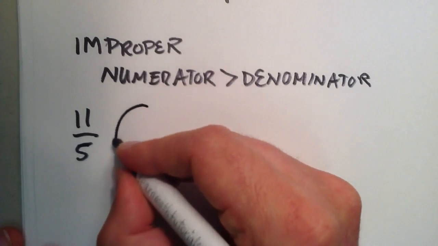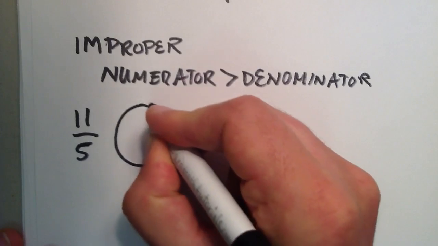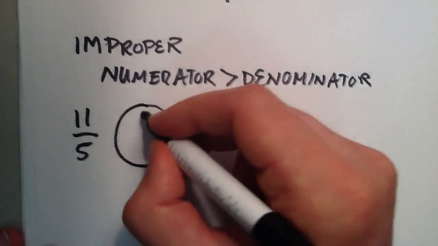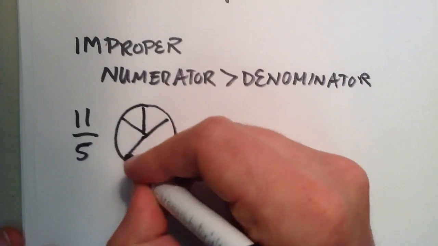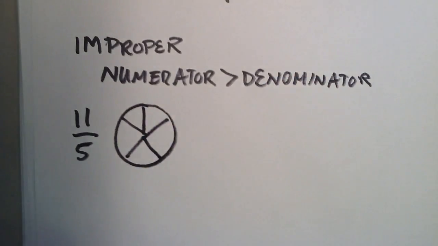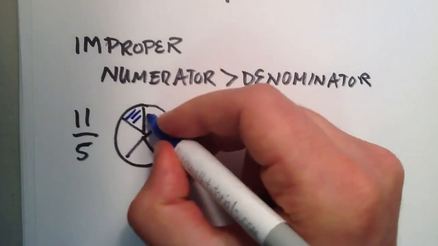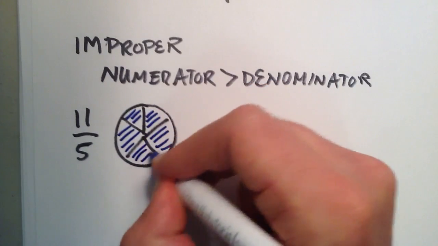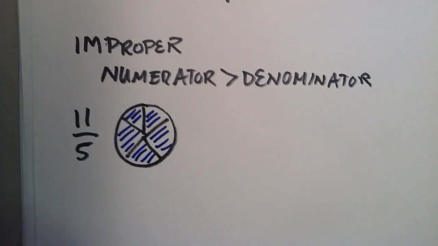So we'll just go ahead and draw our circle here. This time the denominator tells us that the circle is broken into 5 parts. So we're going to break the circle into 5 parts, and we're going to begin to fill in 11 pieces. So there's 1, 2, 3, 4, 5, and we're going to go ahead and need to draw another circle since we ran out of pieces.